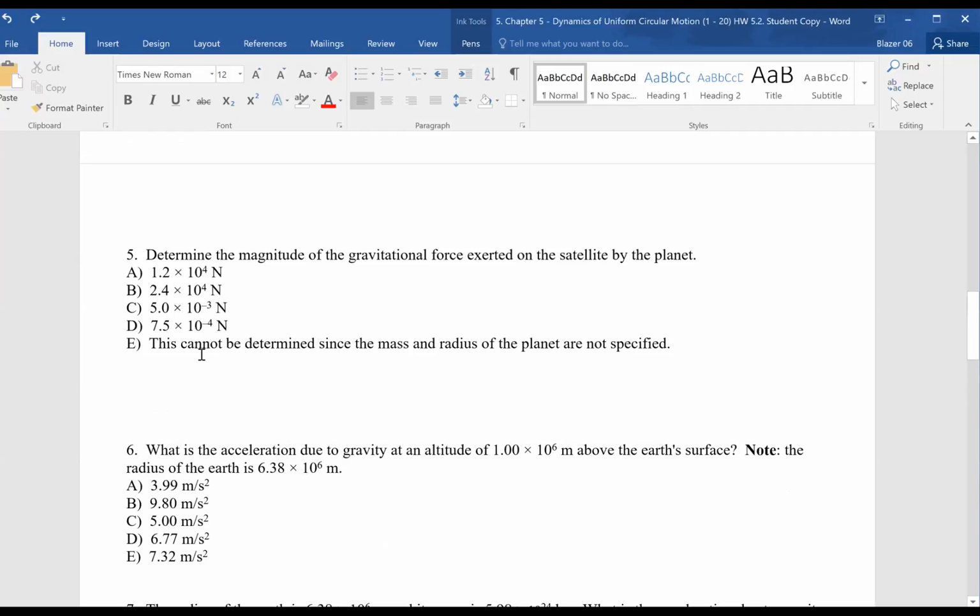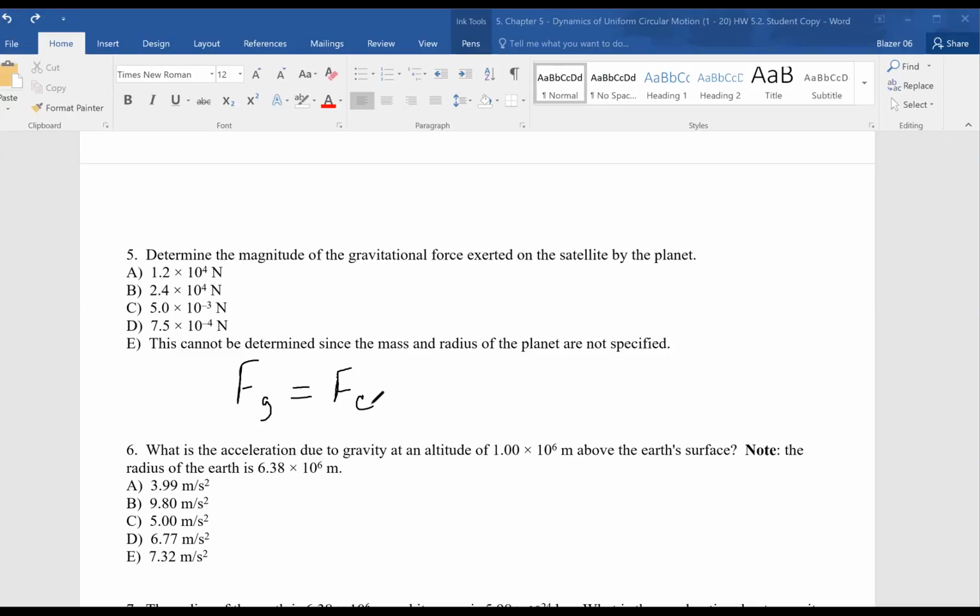for an object in a circular orbit, the gravitational force is equal to the centripetal force. So these are the things that we have to learn. The gravitational force is equal to the centripetal force.